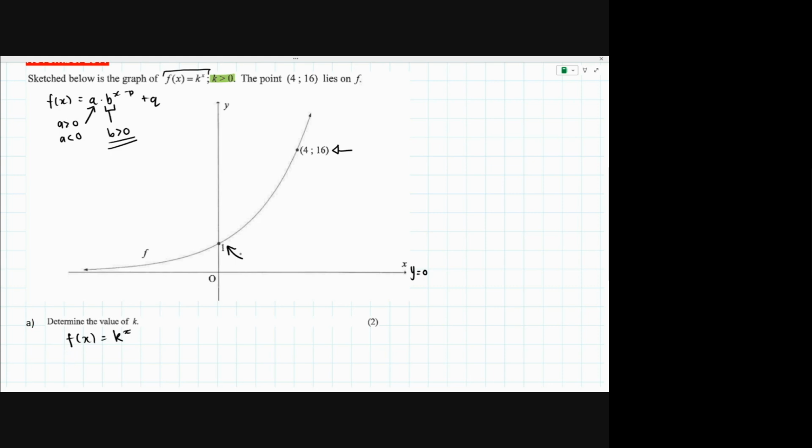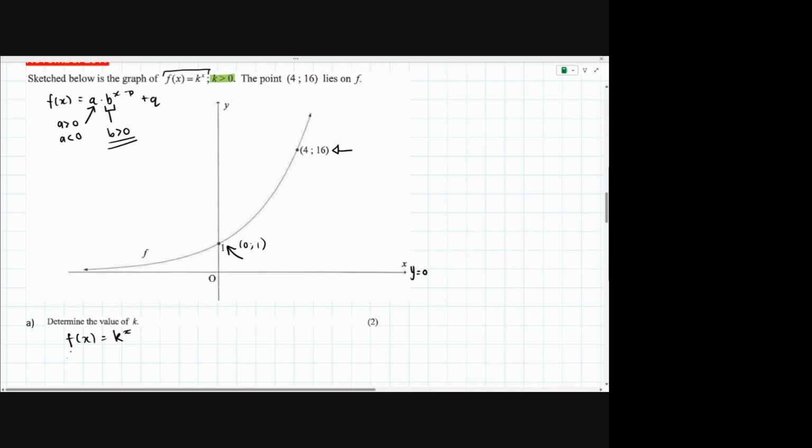We would not substitute in our y-intercept, which would be at (0; 1), because if we substitute in x equals 0, what's going to happen is we're going to have k to the power 0, and that's going to get rid of the k. That's a problem. I'm trying to solve for k. So always just be mindful of that when it comes to the exponential functions. You only want to substitute in an x coordinate of 0 if you need to temporarily get rid of that base, so if there's other things you need to solve for in addition to your base value.